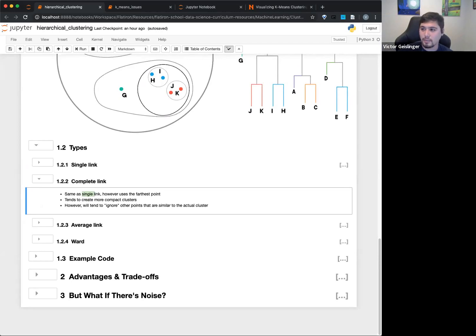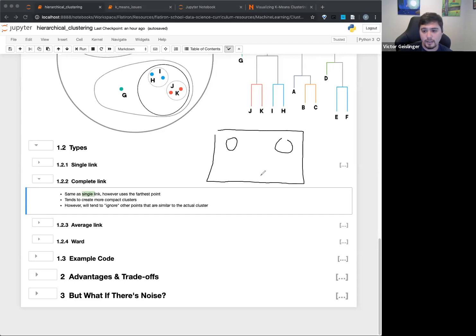So if you imagine, I'm just going to draw it over here. I always do stuff with my hands and I realize I can just draw. Okay. So imagine you have this cluster right here, and let's say this cluster right here, and this cluster right here. So it's going to take the furthest point, let's say there's 2 points like this. I'm just going to draw it simple.